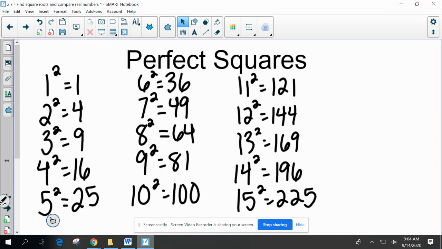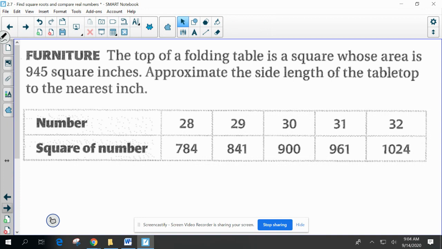Okay, so you'll refer to this list a lot until you get it memorized, and then you won't even have to write it down.